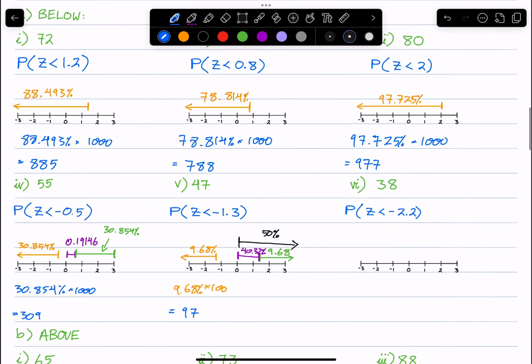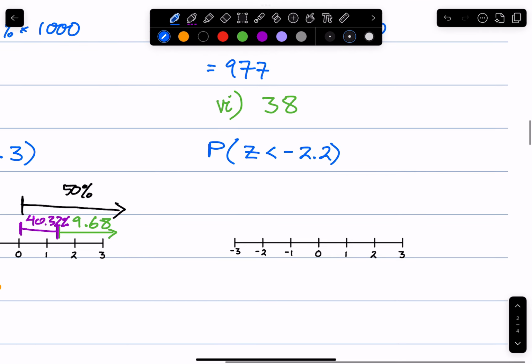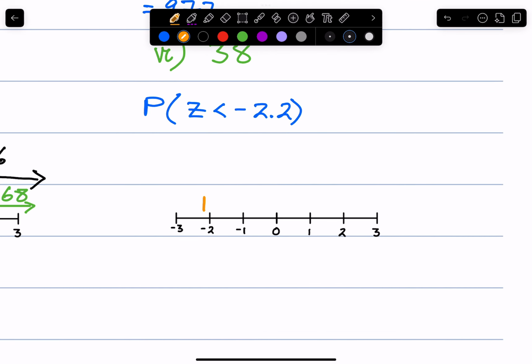Let's do another example. Last one for this video. So less than negative 2.2. So negative 2.2 is everything to the left of this. But remember, as we've seen from the previous one, because of the symmetry of the normal distribution, it's equivalent if we find this portion.